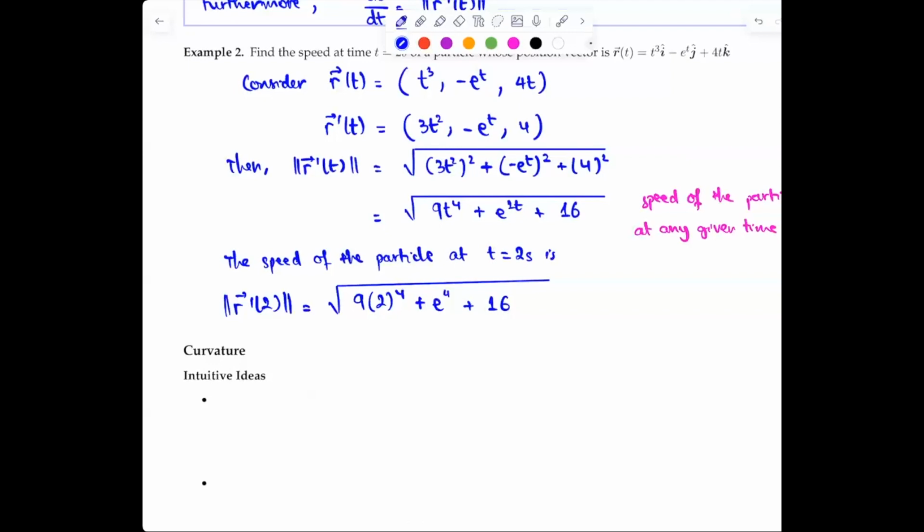The thing that I want you to know is how to use the correct formulas and simplify to the correct form of the functions. Any questions?